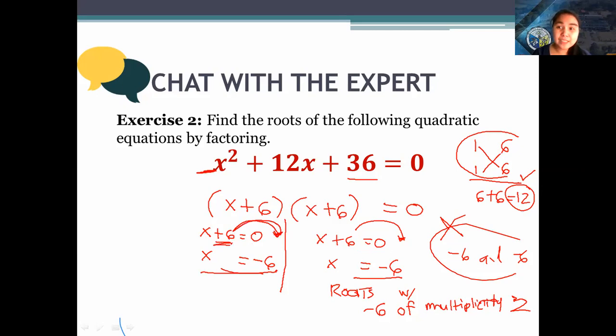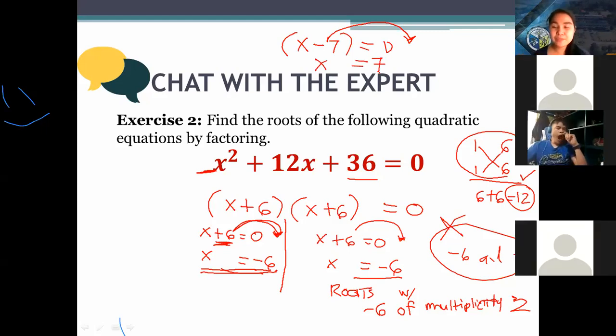So positive, once it goes to the other side, will become negative. That's why the answer is x equals -6. But if your factor is like this, x minus 7 equals 0, if you transfer -7 to the other side, it becomes positive. x equals 7. Okay, other questions?